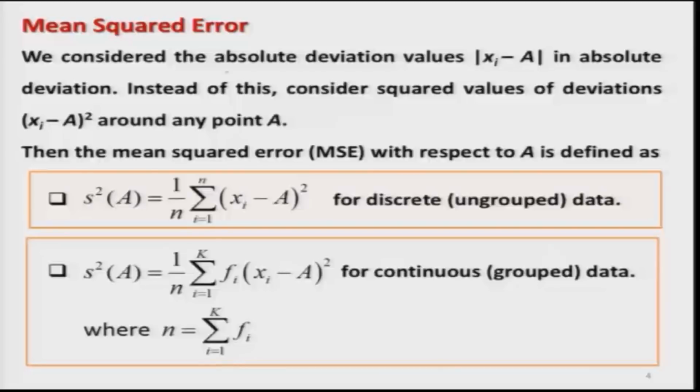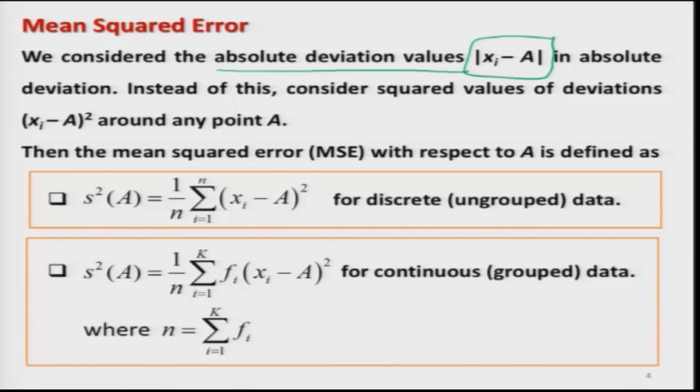Now, similarly on the same lines, instead of absolute deviation, I will be considering the squares of the deviations. If you remember, in the case of absolute deviation, I used the quantity absolute value of xi minus a.